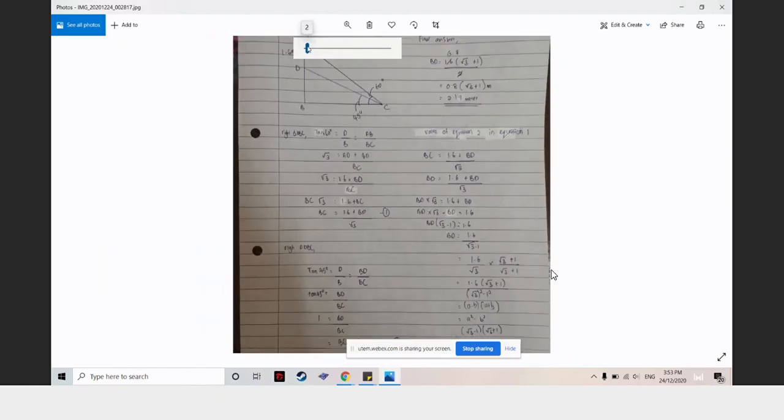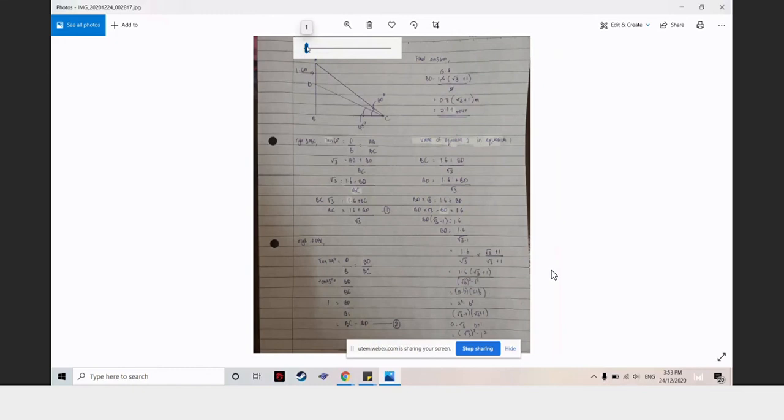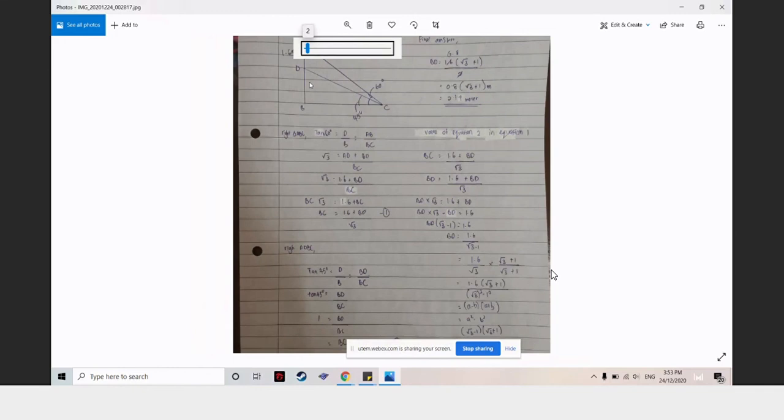So you're looking at the right angle triangle ABC. So you have your tangent 60. In the bigger triangle, tangent 60 is AB over BC.